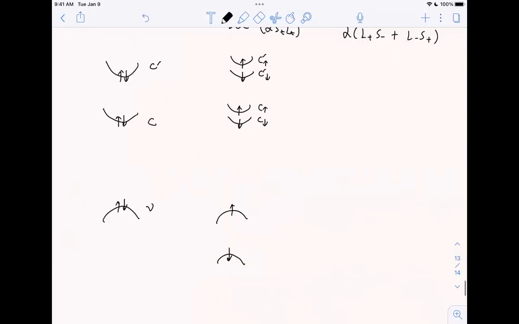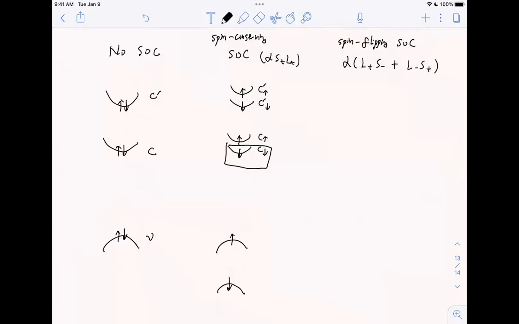So this state will be coupled to what state? Will be coupled to this state. Why? Because they flip. This is M equal to plus and minus 1. This is M plus minus 2.